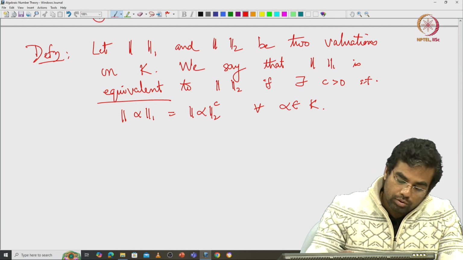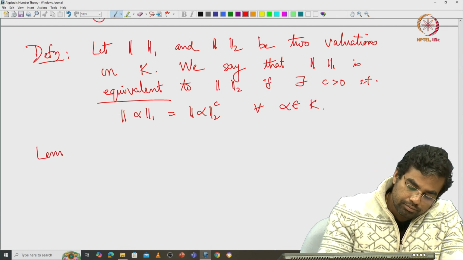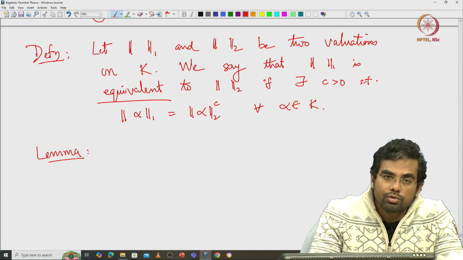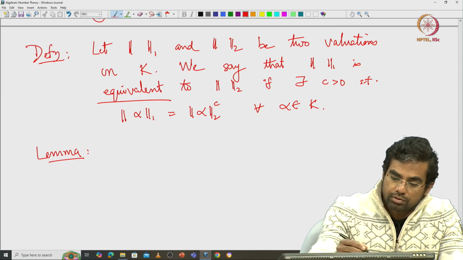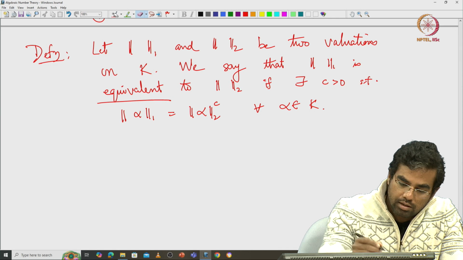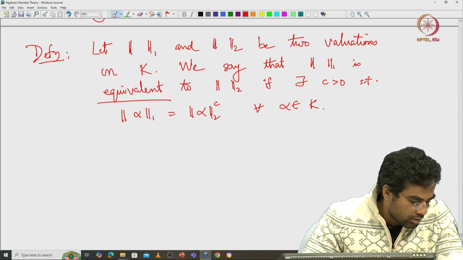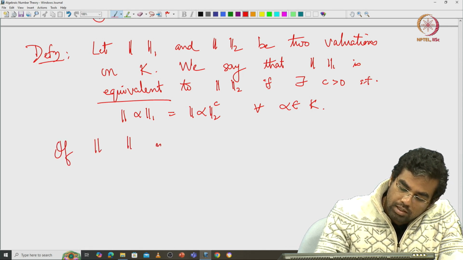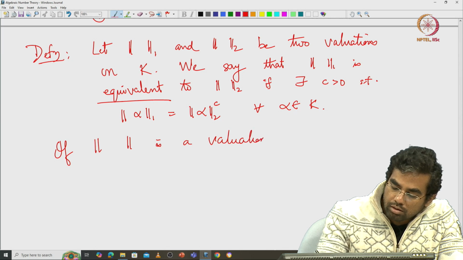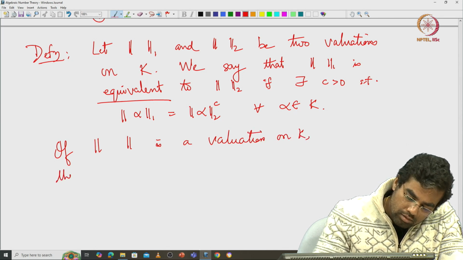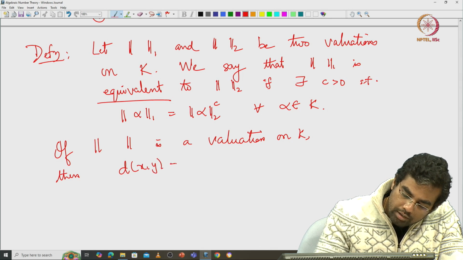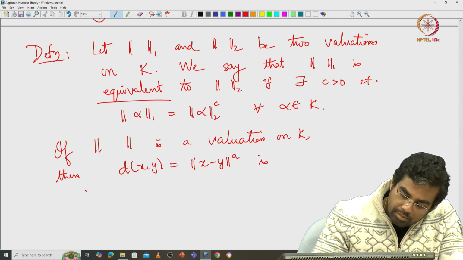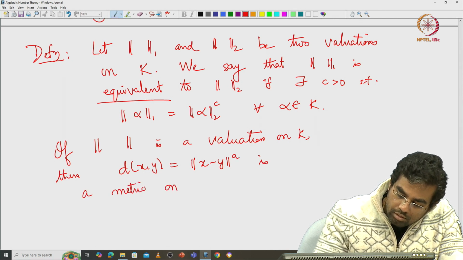Okay. So, here is a lemma. It is clear that if two valuations are equivalent, then they induce the same topology on the field K. So, let me actually take a step back and say: if this is a valuation on K, then d(x, y), if you define it to be the valuation of x minus y to the power a, is a metric on K, right.